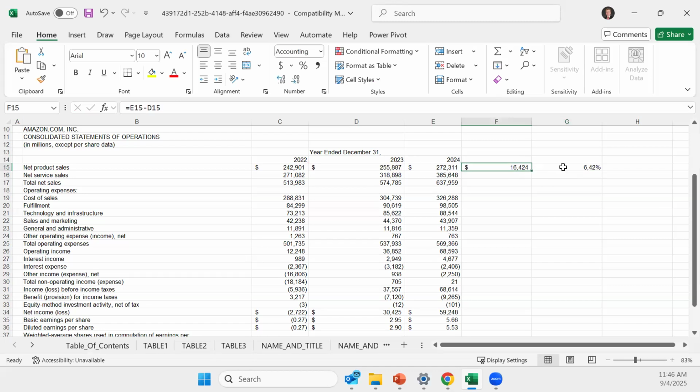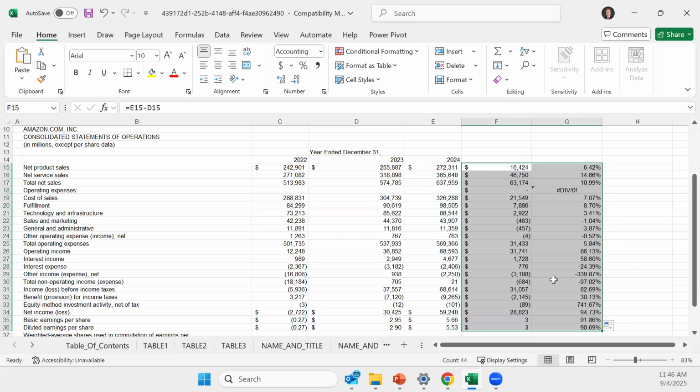And then we go all the way down. You can see how things change throughout the year. So, Amazon's revenue increased by 6%, and they have product sales increased by 6% and service sales increased by 14% for a total of 10%.